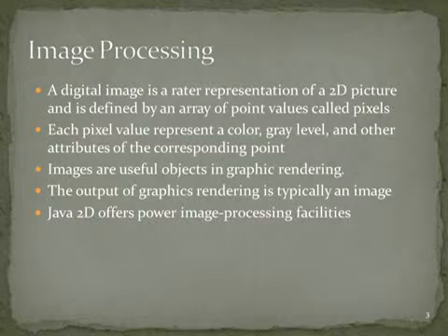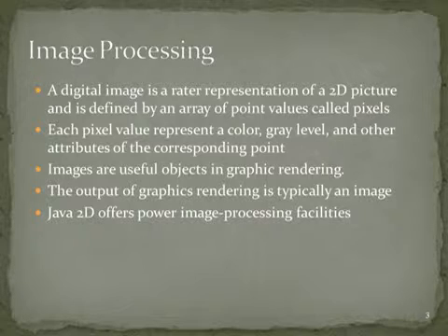Even though image processing is a separate specialized subject, it does have a close connection with computer graphics. Images are useful objects in graphic rendering, and the output of graphic rendering is typically also an image.